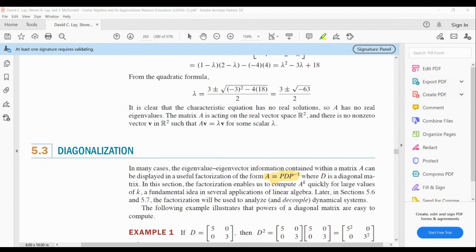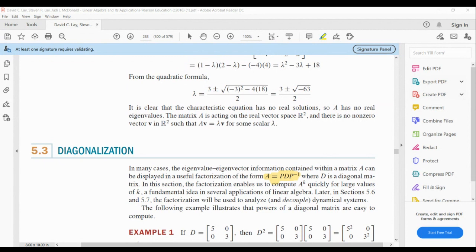So the eigenvalues form the diagonal of matrix D, D for diagonal. What does the matrix P consist of? Eigenvectors. Very good, Matthew. And so you're finding eigenvalues and eigenvectors.